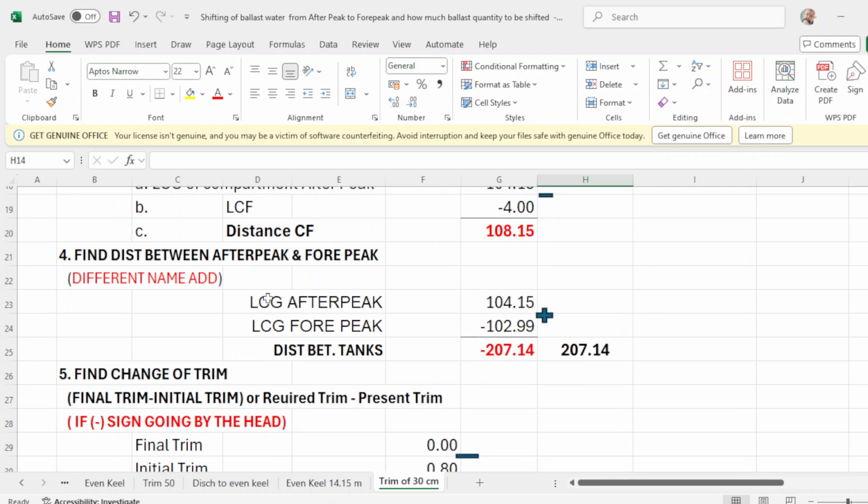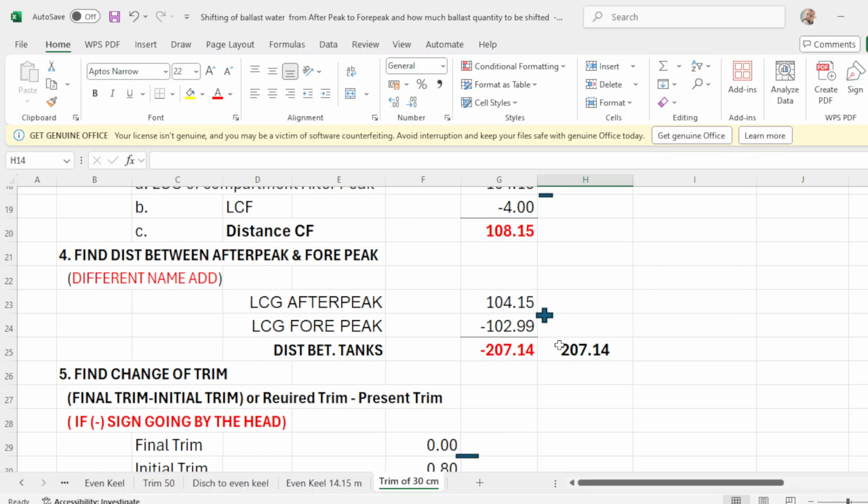Find the distance between after peak and fore peak. The LCG of after peak is 104.15 and the LCG of fore peak is negative 102.99. Negative because it's the forward part, positive because after peak is the aft part, behind midship.